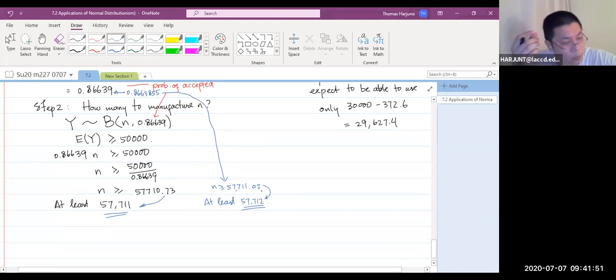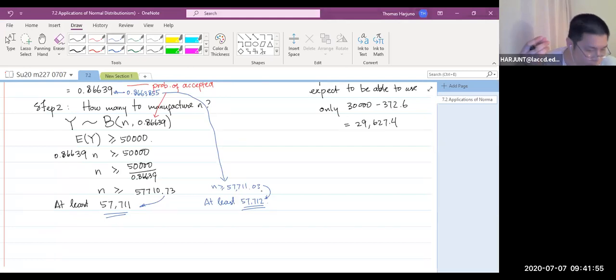Now, I hope from here you see something strange, that even though we start with normal distribution, we can actually compound or go on with this normal distribution into binomial distribution later on. Okay. Now the thing is, I think our department final doesn't go into this compound probability distribution like what we had here.